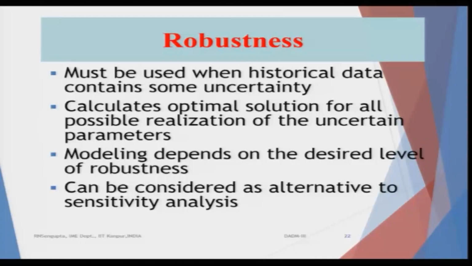The answer is that, in a practical sense, all the data which we get from an external source, based on which we model the return distribution of a portfolio, or the speed of a car, or the tensile strength of a material we are going to build, are all random, fluctuating, and uncertain. So, we should use the concept of robustness when the historical data contains some uncertainty.